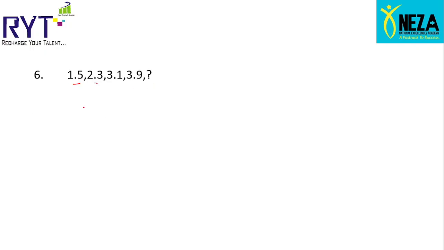Ignore that the decimal is there, then you can see 15 plus 8, 23 plus 8, 31, 39 plus 8 is the logic here, 47. We know that there is one decimal point, and after that only one digit. We'll put back the decimal. It comes to 4.7. So 4.7 is the answer.